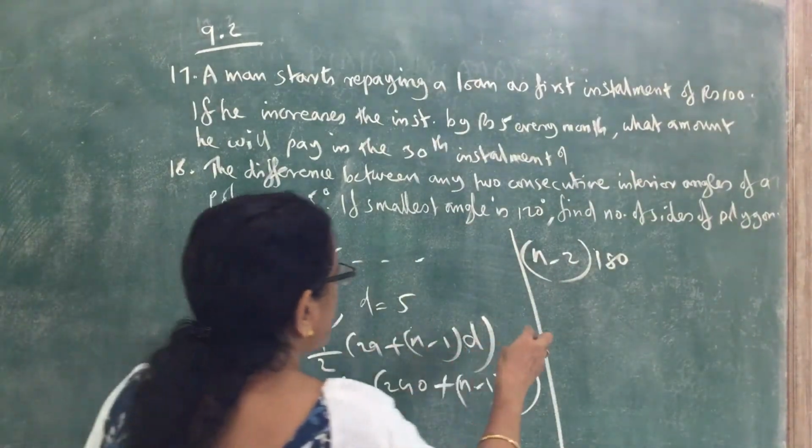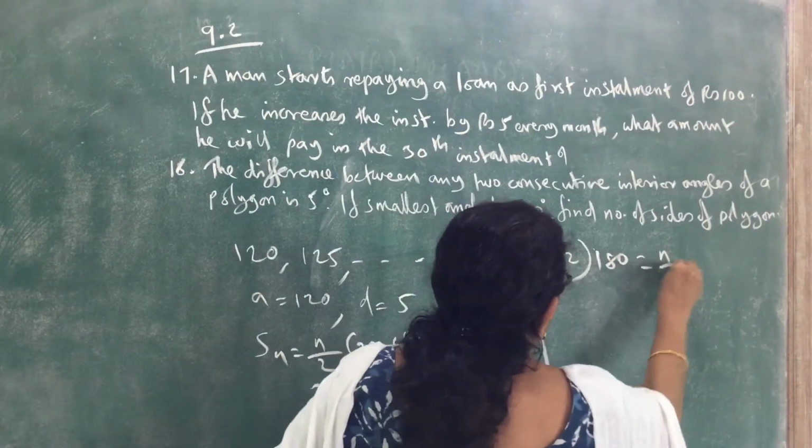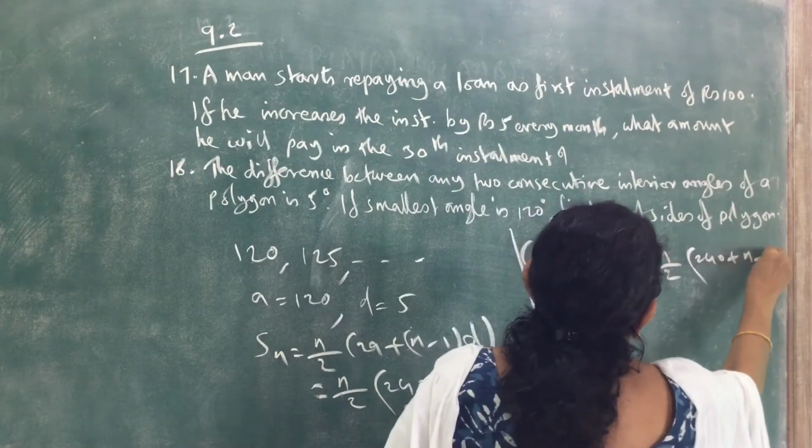Therefore n minus 2 into 180 equals n by 2 into 240 plus n minus 1 into 5.